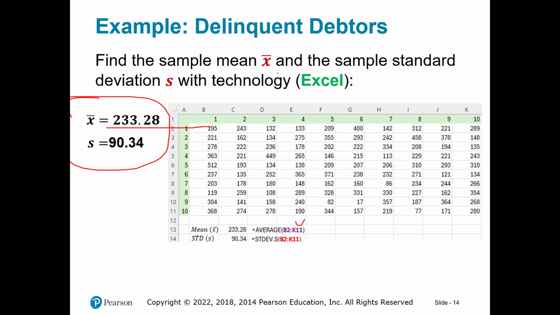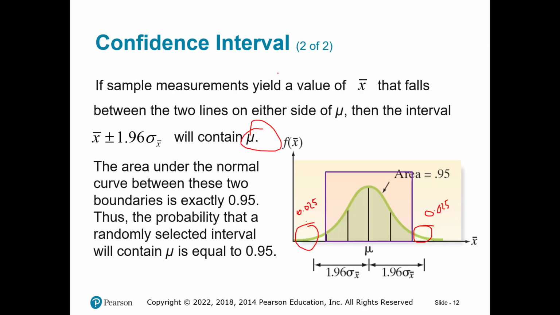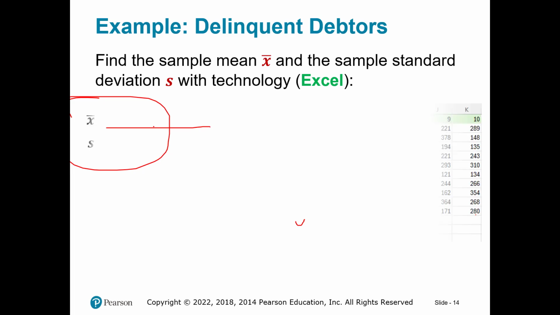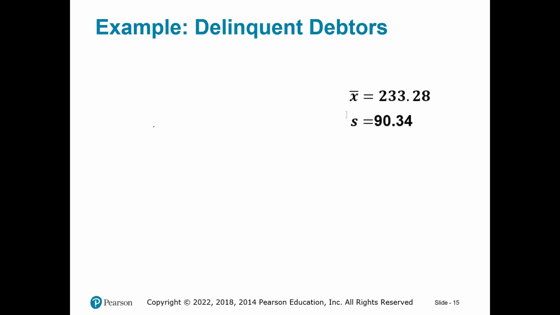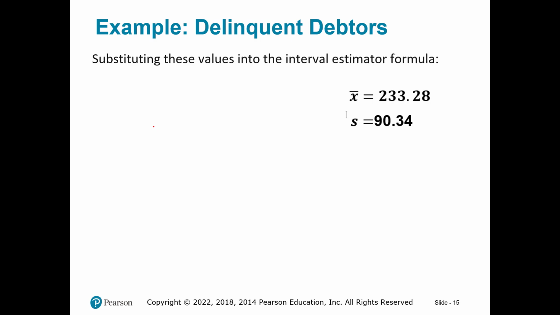And now let's go back and use this formula. Here are the numbers we have already calculated, x bar and s. X bar is the sample mean and s is the sample standard deviation. Let's substitute these numbers in the formula.